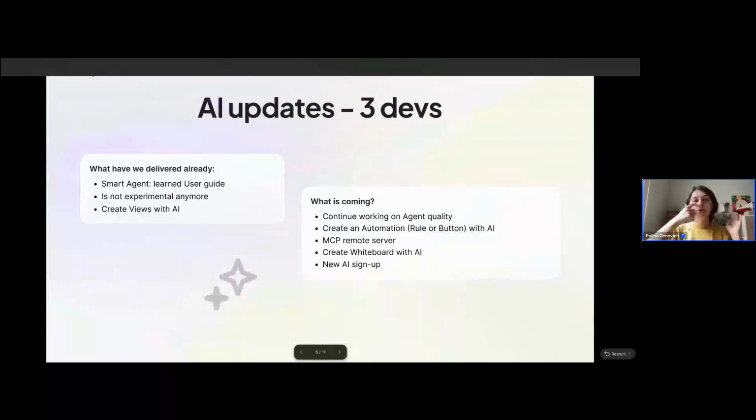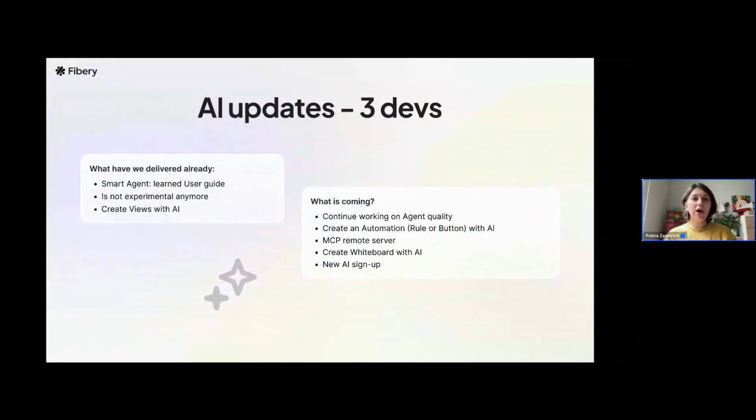Next one is about AI. Here we have three developers working on that constantly. One of them sometimes switches to the permission issues, but they keep a very deep focus here. So what had changed? Smart Agent now learned the user guide.